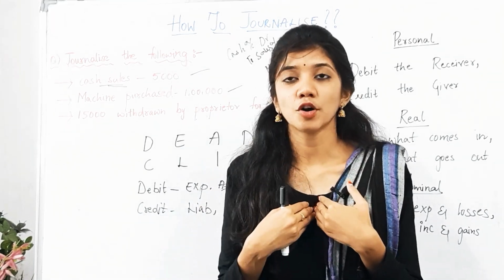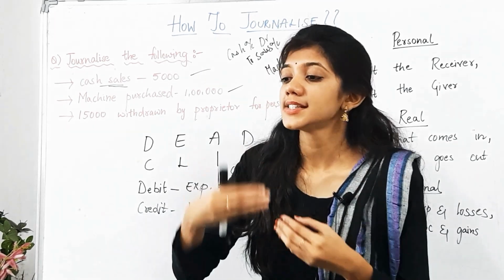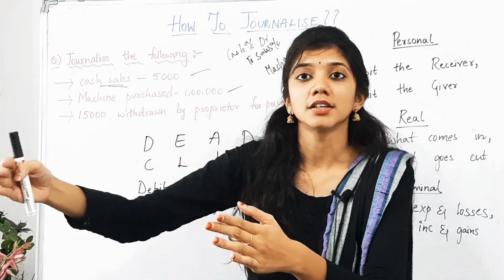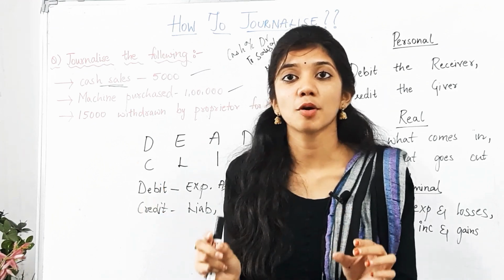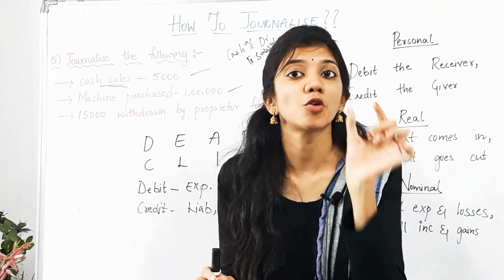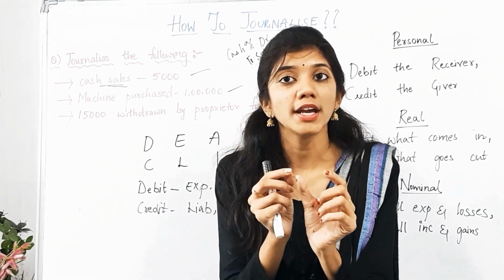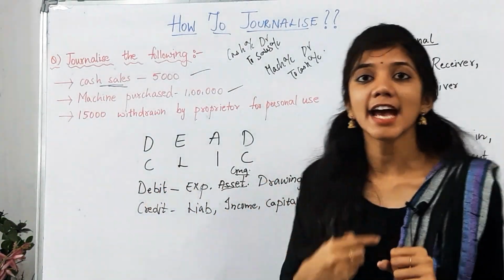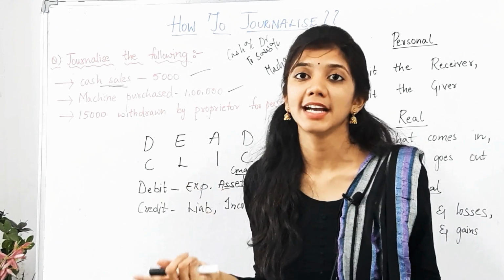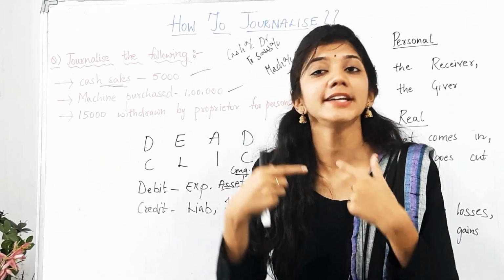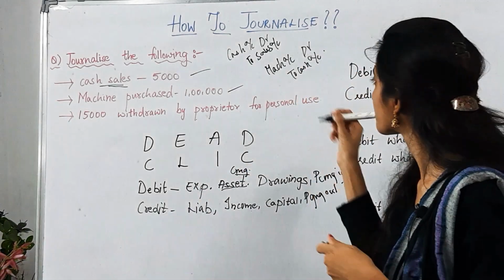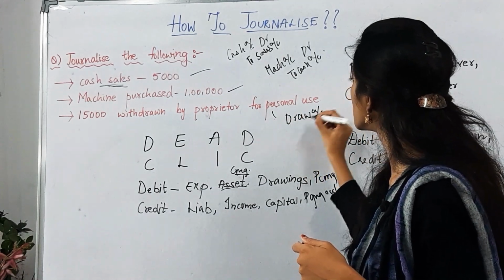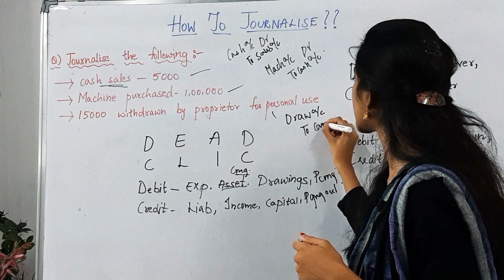So from the business point of view, the amount which is taken away by the proprietor, so cash is going out, and whatever amount is taken by a proprietor is considered as drawings. So the drawings will be debited, and cash which is going out must be credited. So drawings account debit to cash account. Drawings account to cash account.